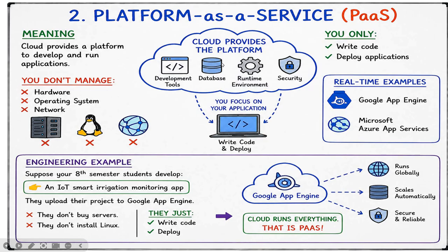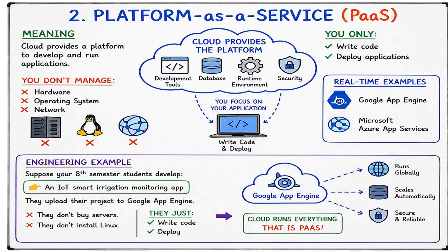However, in this platform as a service, these responsibilities are handled by the cloud provider. So here users do not manage hardware, operating system or the networks, and this simplifies the application development and reduces the technical complexity.